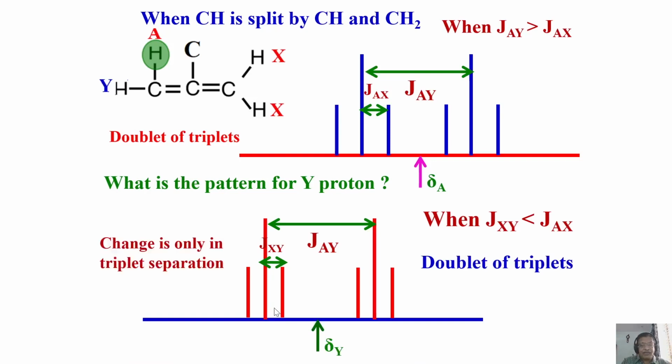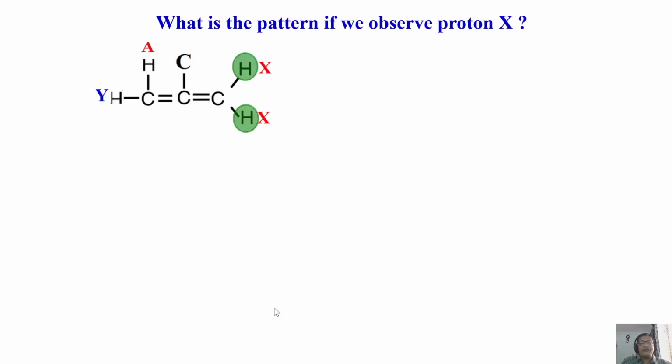Now we'll go further. What happens if we observe proton X? We are now looking at proton X. Proton X is coupling with proton A and proton Y. Now we assume the condition that the coupling AX is larger than XY.